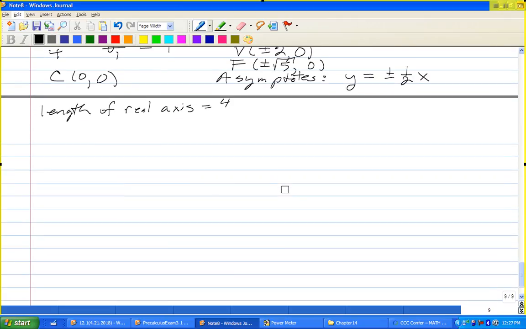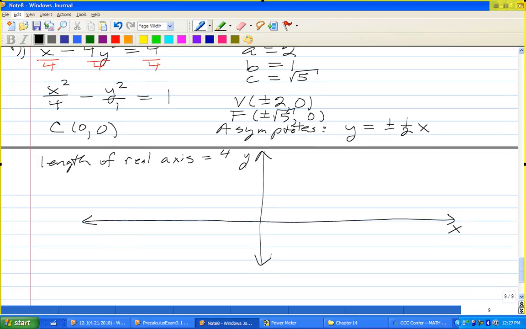And so let's draw this. So it should be 2 in the x, 1 in the y. Okay. Let's draw the bounding rectangle along with its diagonal.